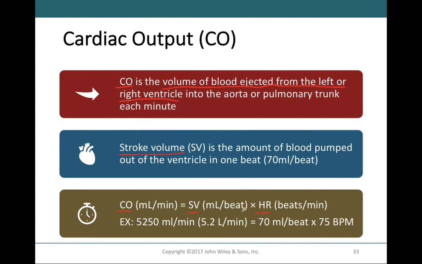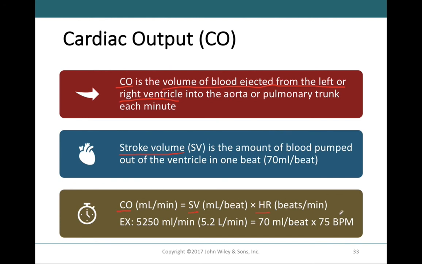Since heart rate is measured in beats per minute and stroke volume is measured in milliliters per beat, we can use these two factors to give us milliliters of blood per minute leaving the heart. So a little example we have down here to practice with is if we have a stroke volume of 70 milliliters per beat, and this is pretty much natural, this is what we expect to see in a normal heart.